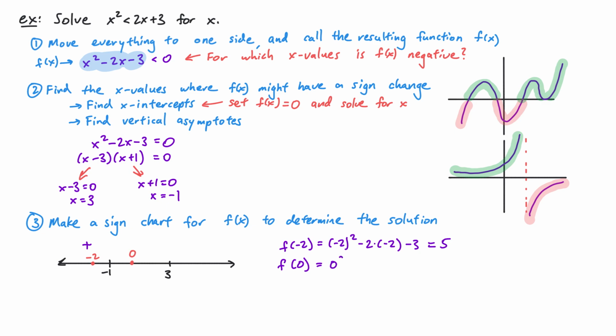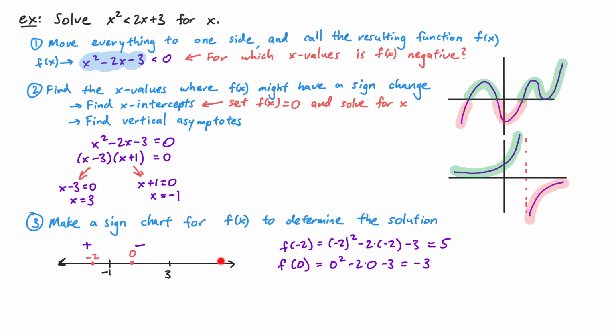This is going to be 0 squared minus 2 times 0 minus 3, which gives us -3. Now, since the output -3 is negative, what I'm going to do is draw a minus sign on this middle interval in our sign chart. So what this tells us is that no matter which x value I picked between -1 and 3, when I plug that x value into my function, the output will always be negative.